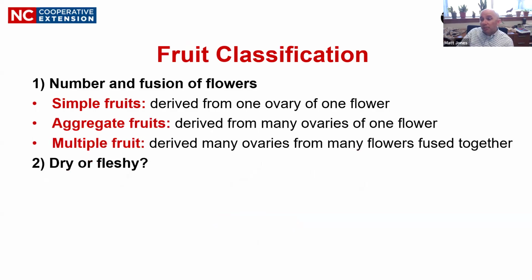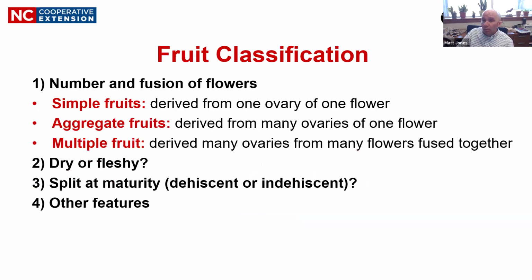There are many different terms to describe fruits too, and they are also important for identification. We classify fruits based on how many flowers or ovaries they're derived from. So if they come from one ovary from one flower, it's a simple fruit. If a fruit is derived from many ovaries on one flower, it's an aggregate fruit.